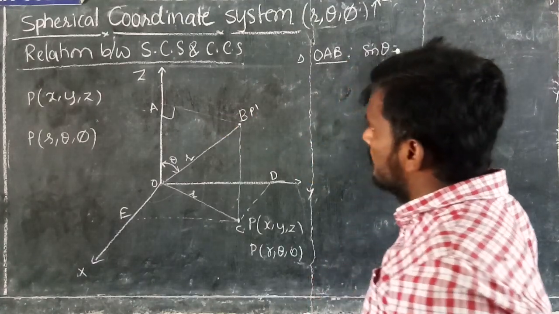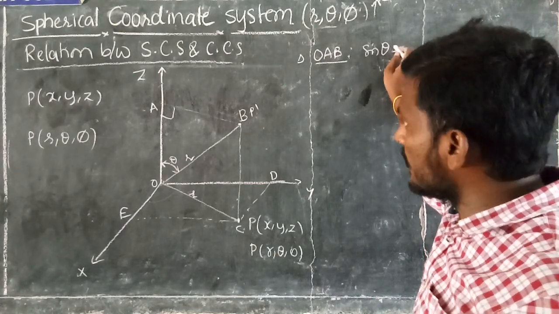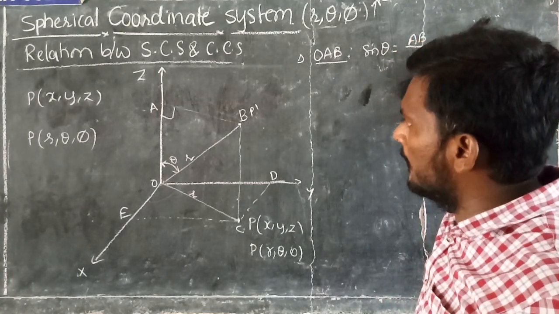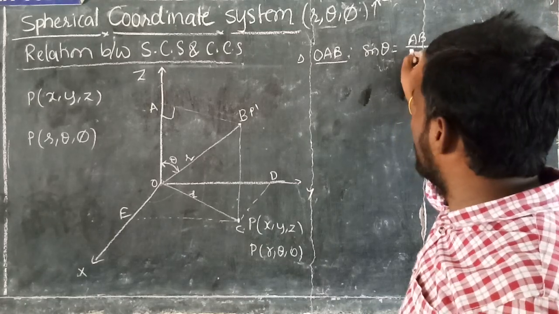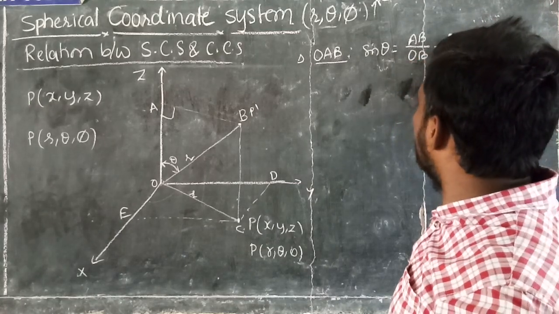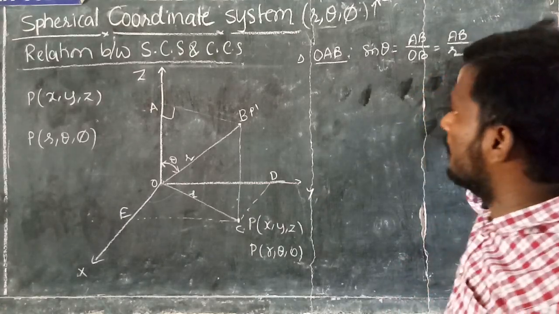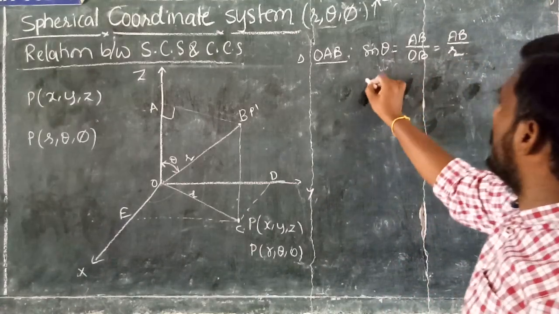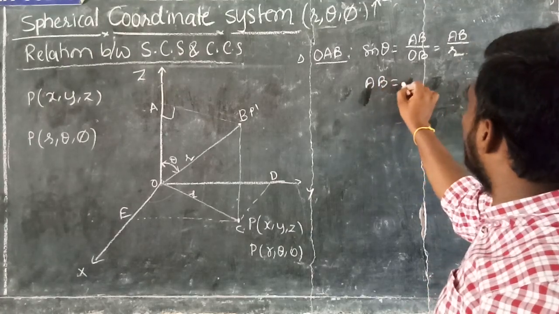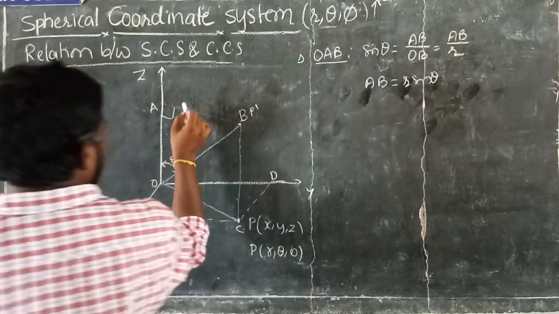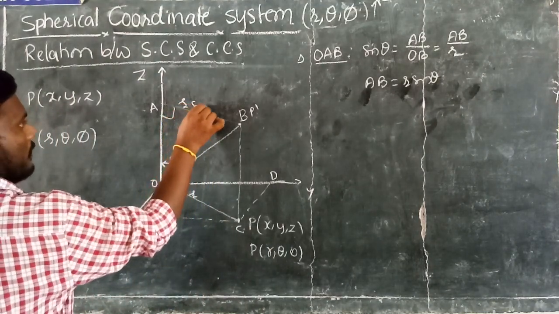Sin theta is equal to the opposite side, which is AB, by the hypotenuse OB, which is r. So AB is equal to r sin theta. So what is the AB length here? It is r sin theta.